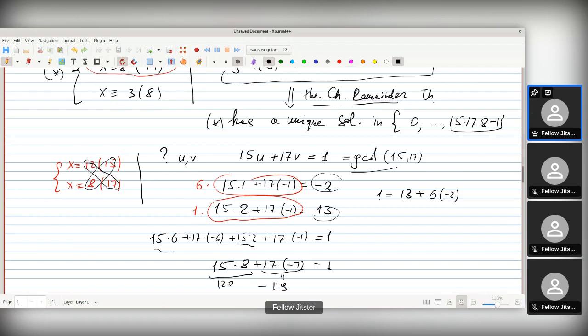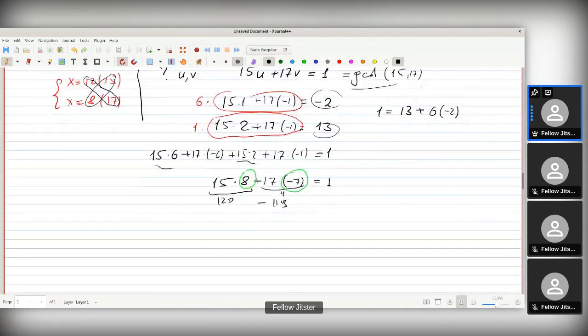So far, we have successfully guessed our u and v. What is the next step? The next step is this crossing procedure. So we have as follows. 1 equals 15 multiplied by 8 plus 17 multiplied by minus 7. This was 1. But now I want to define some number x1.